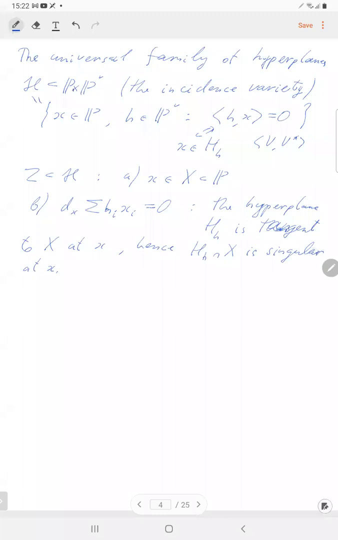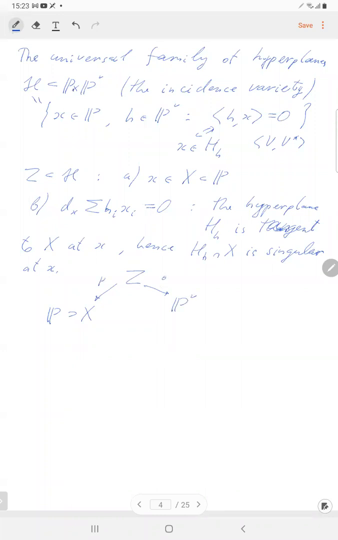Okay. So then we will have projections from Z to our original X, well, inside the original projective space, and also to the dual projective space.